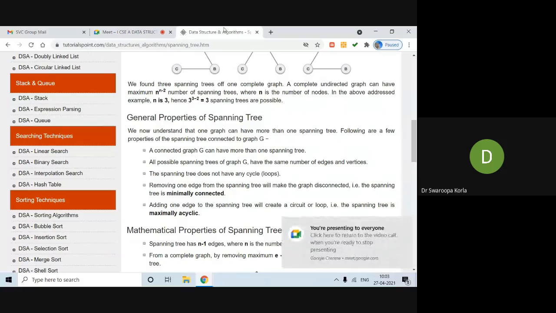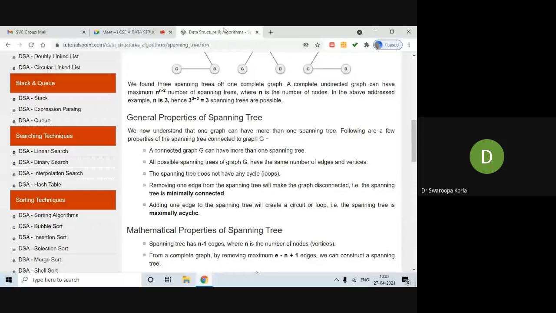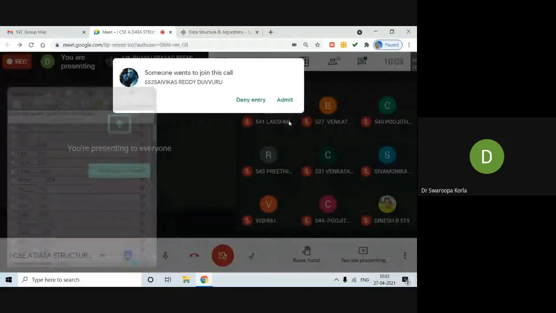Okay. Now we'll discuss the general properties of spanning trees. A connected graph G can have more than one spanning tree.